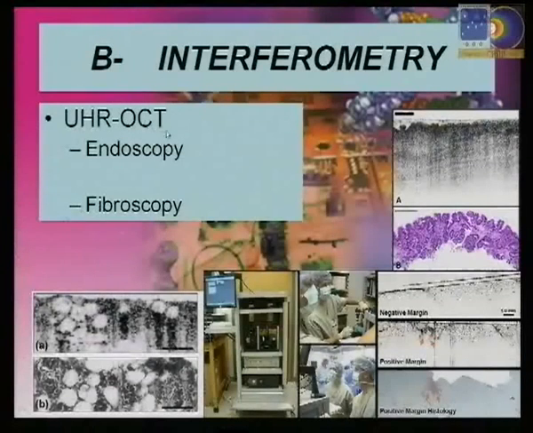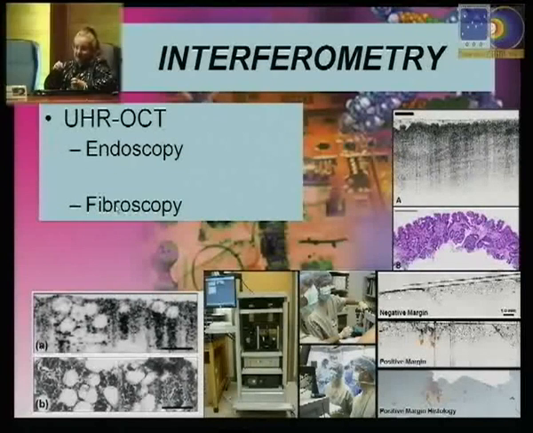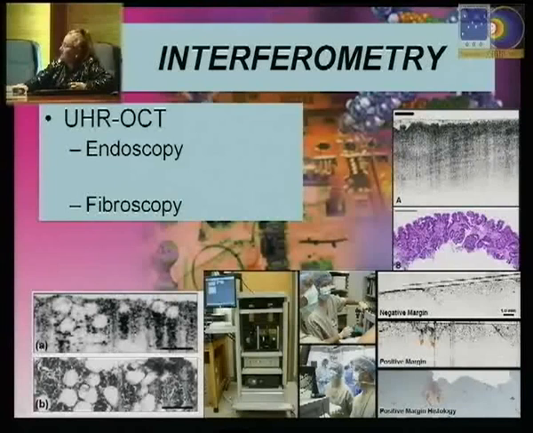Well, this is the type of data you get in the ultra-high resolution optical coherence tomography, either in endoscopy, meaning in surface areas, or in fibroscopy, meaning that you put the coherence tomograph inside of a needle and you punch the surface in order to get information from the inside of the body.